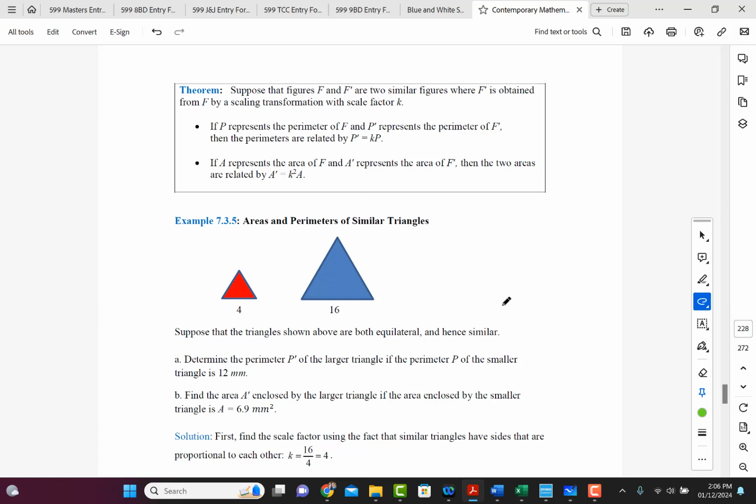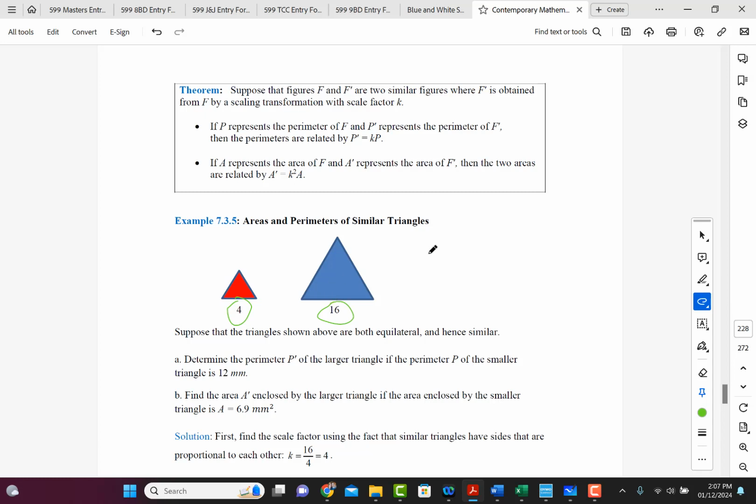Okay, so now let's look at the areas and perimeters of two similar triangles. So let's say we have these two triangles. They're both equilateral triangles with a corresponding side length of 4 for the smaller triangle and 16 for the larger triangle.